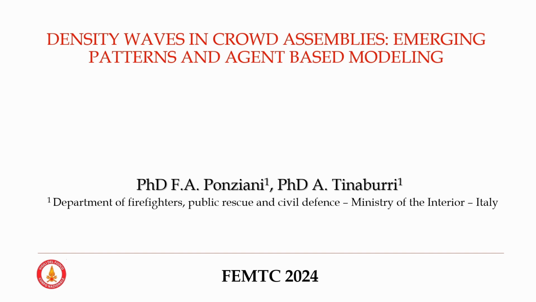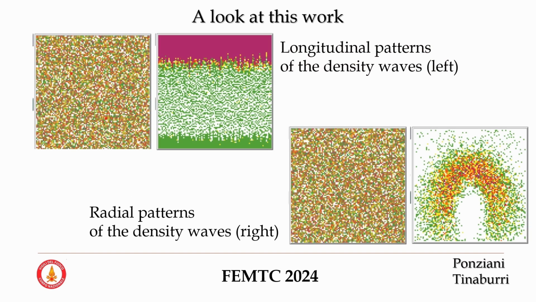This study deals with density waves in crowd assemblies, emerging patterns and agent-based modeling. Just take a look at this work. The study deals with the patterns that may appear due to crowd assemblies where people come in contact.